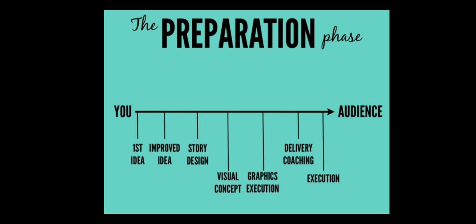In order to connect with the audience, there are certain steps: first idea, next the improved idea, story design, visual concept, graphic execution, delivery coaching, and the execution. Let's talk about each and every point. First idea is nothing but a raw idea, raw thoughts. Thoughts, thinking, action.